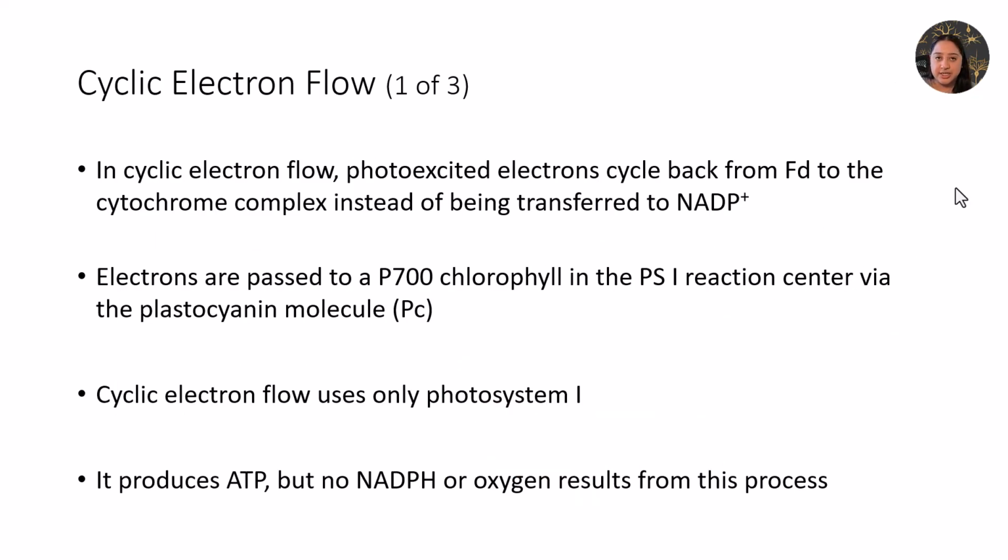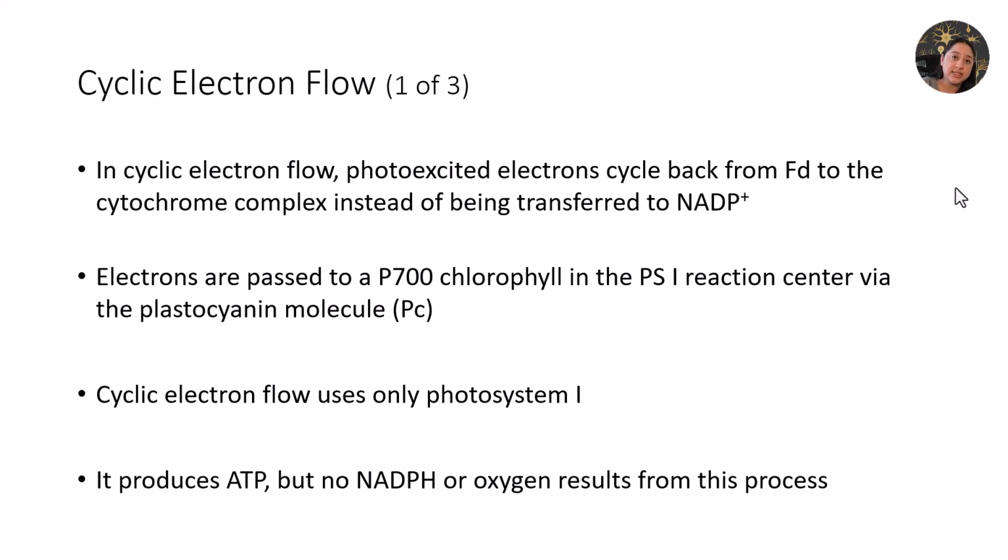So that is linear electron flow. In cyclic electron flow, photoexcited electrons cycle back from FD to the cytochrome complex instead of being transferred to NADP+. So the electrons are passed to a P700 chlorophyll in the PS1 reaction center via the plastocyanin molecule PC.